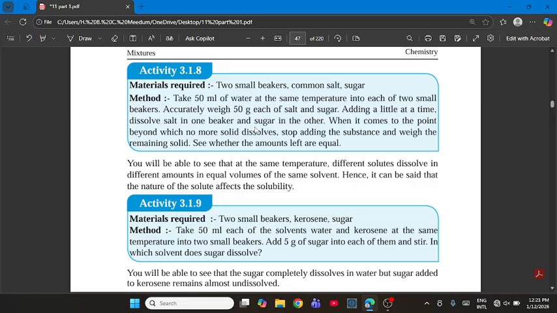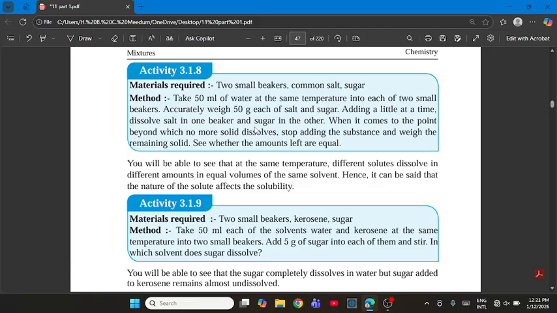Activity 3.1.8. Materials required: 2 small beakers, common salt, sugar. Method: Take 50 milliliter of water at the same temperature into each of 2 small beakers.